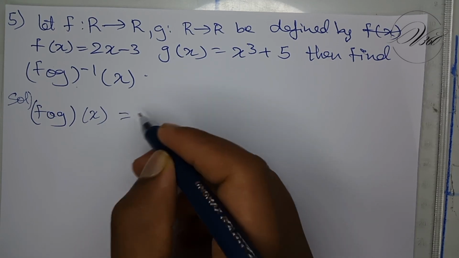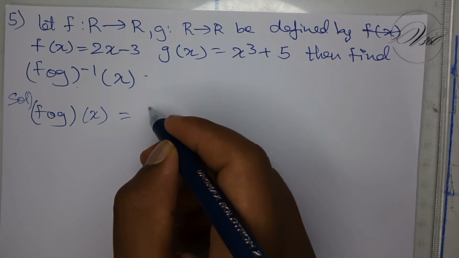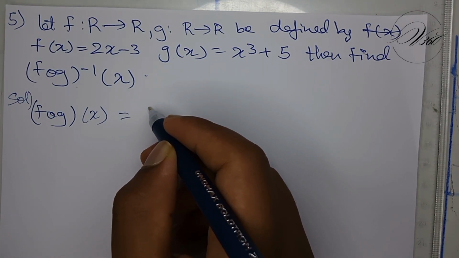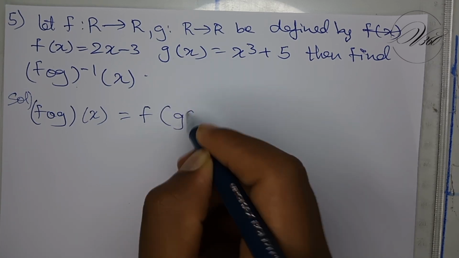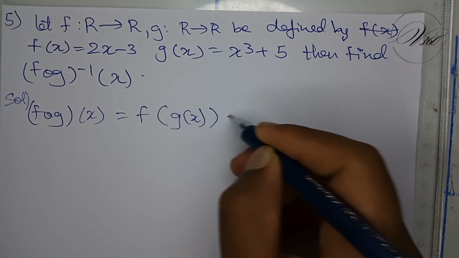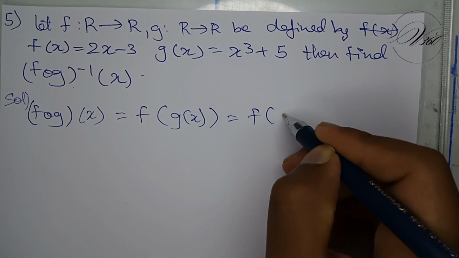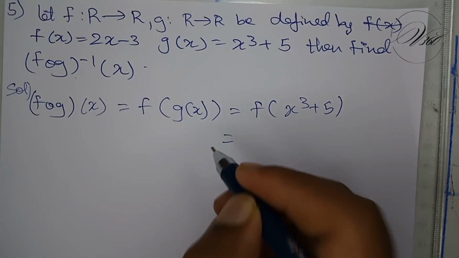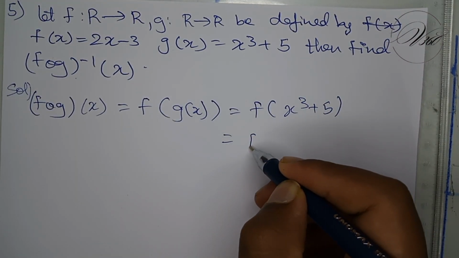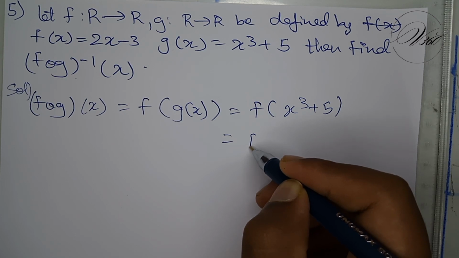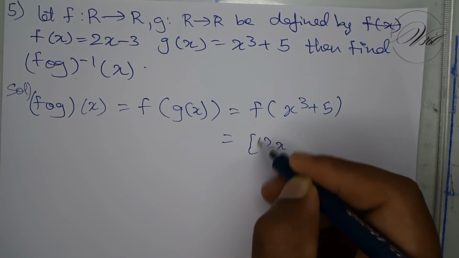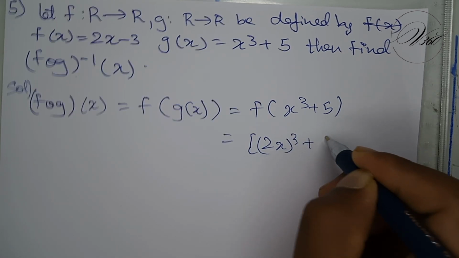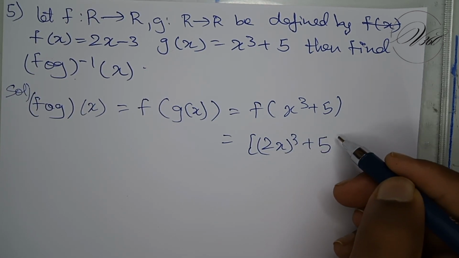Okay, now f of g is nothing but f of g of x, that is f of x cube plus 5. Now f of x cube plus 5 is, okay, 2x cube plus 5.